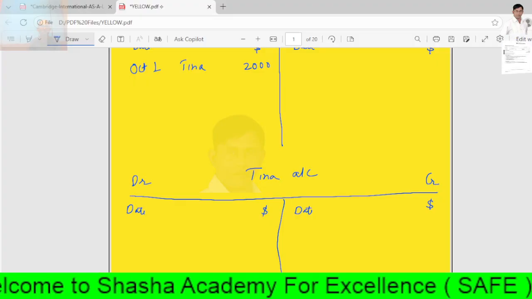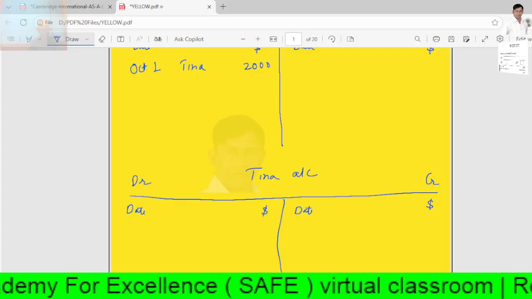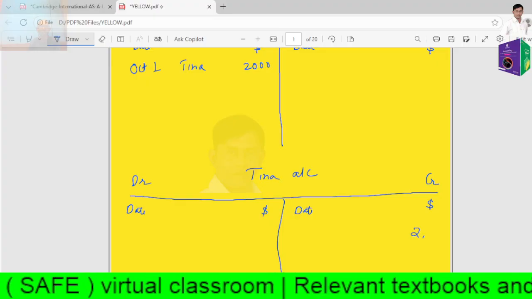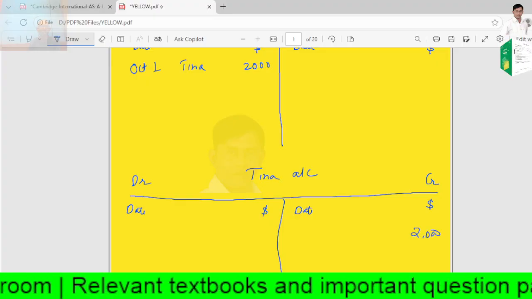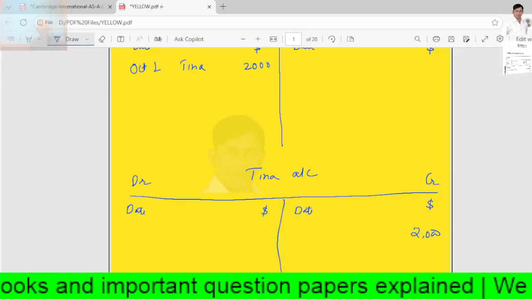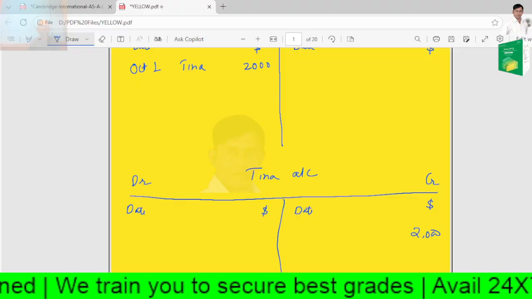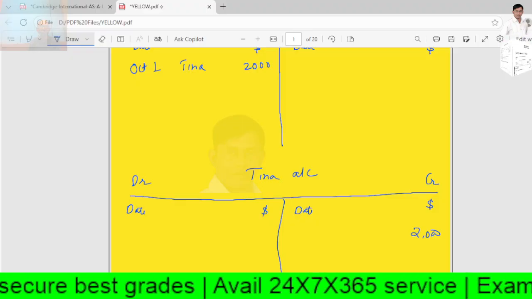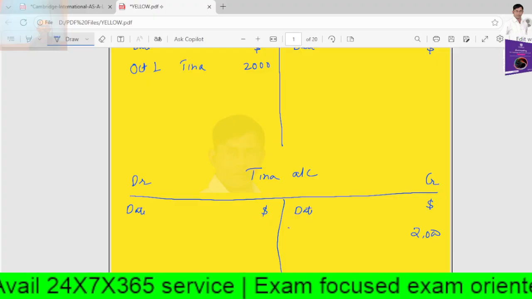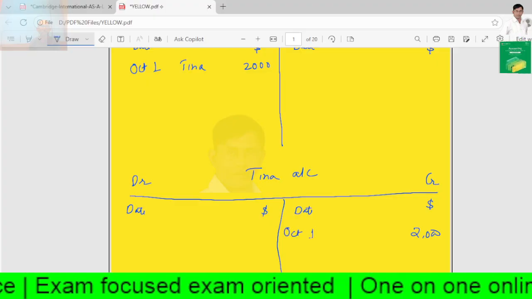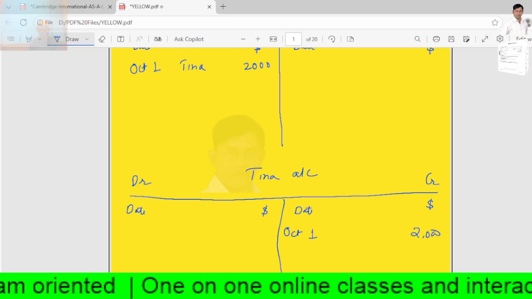Tina account will be credited. A lot of students get confused again here. Tina account credited means it is credited on October 1st because of purchase.